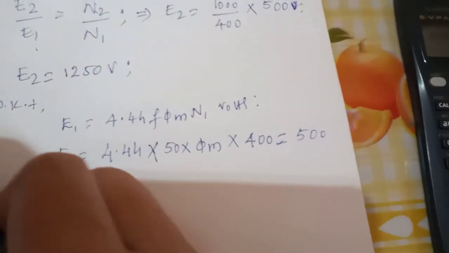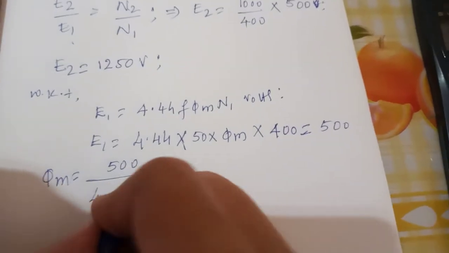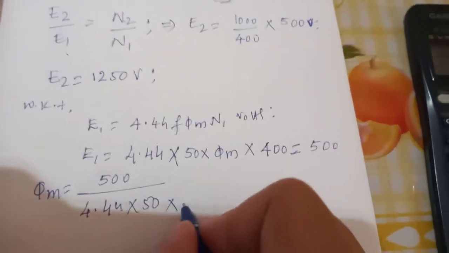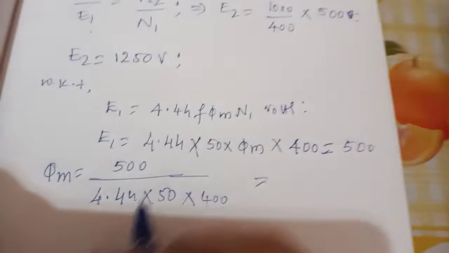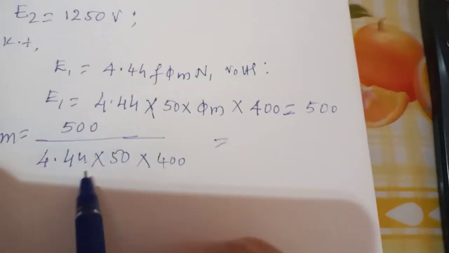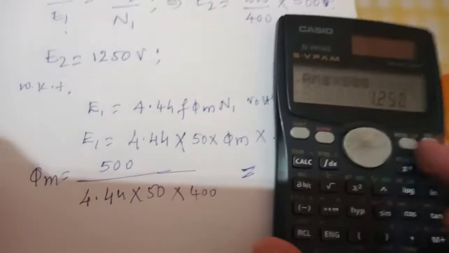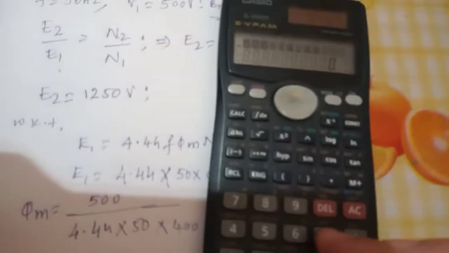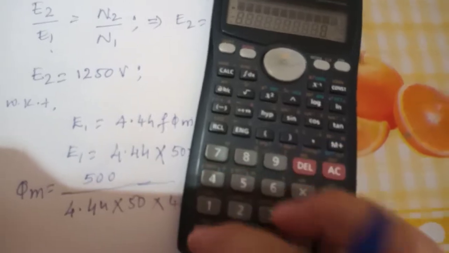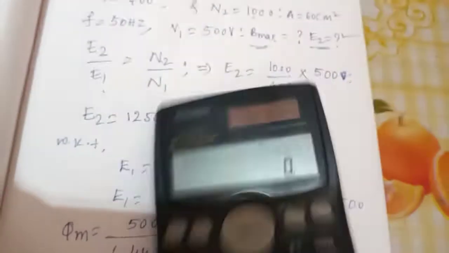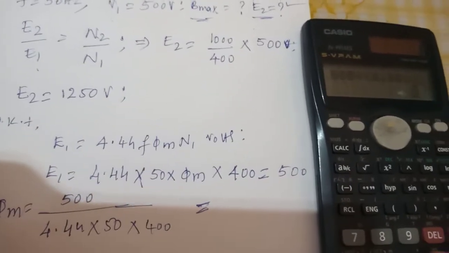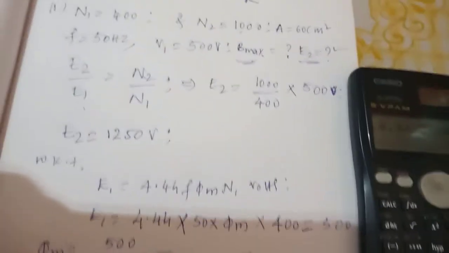So phi m is equal to 500 divided by 4.44 into 50 into 400.